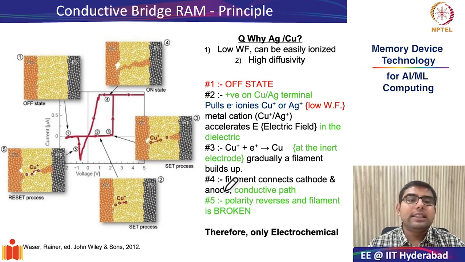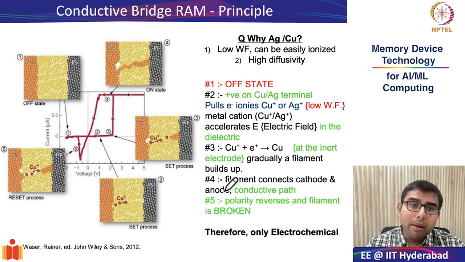And therefore, this is an inherently electrochemical process, because just like in electrochemical VC-RAM, where the oxygen anions were being ripped out of or pushed back into the vacancies through opposite polarity of electric field, the same thing is happening in conductive bridge RAM, but the filament consists of copper cations or silver cations.